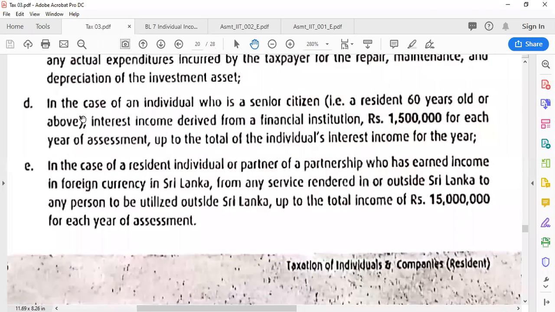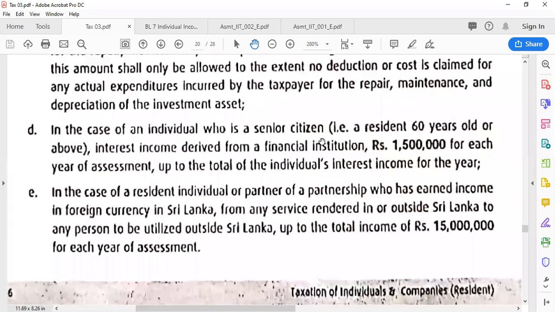And D, in the case of an individual who is a senior citizen, senior citizen means a resident 60 years old or above.